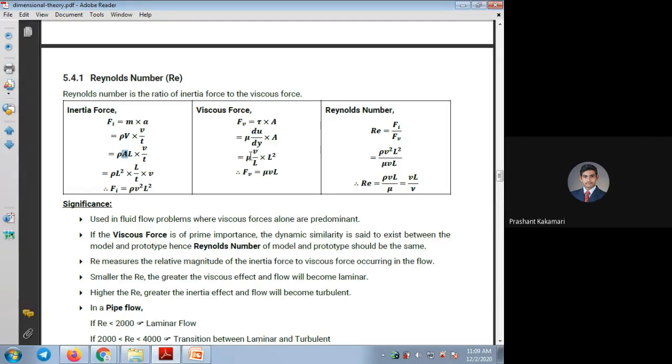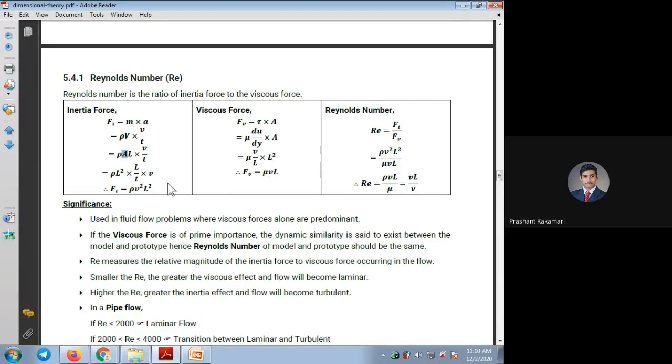Considering du by dy with the given dimensions, I can write it as change in velocity with respect to change in length, because y is changing in length, so V by L. Mu I keep as it is. The area I write as L square, again assuming the area is taken with linear dimensions. So I can write it as mu V L.